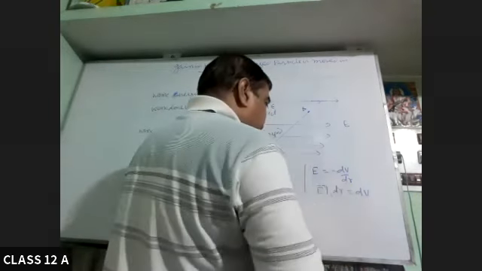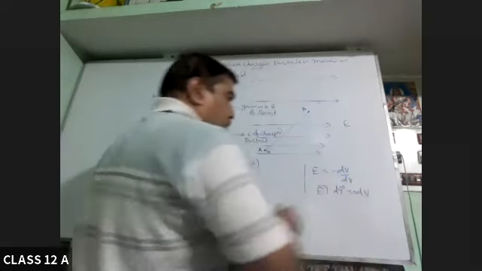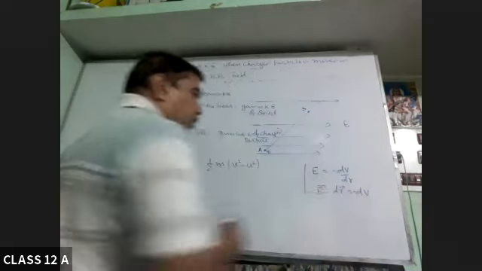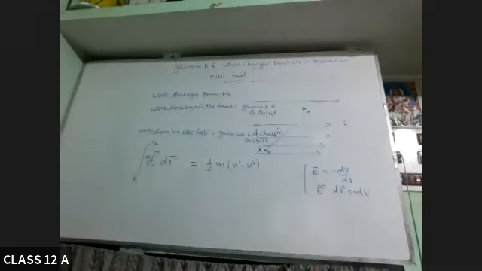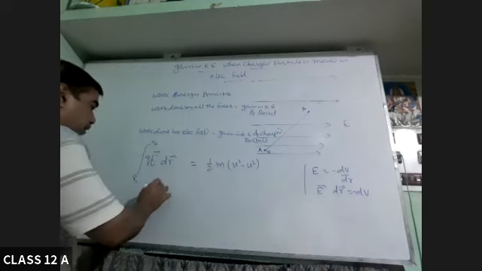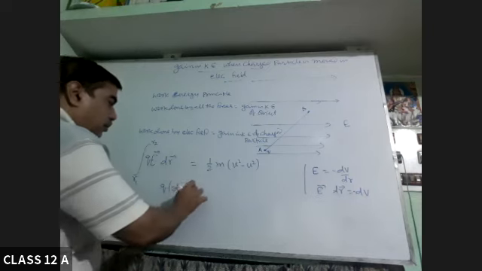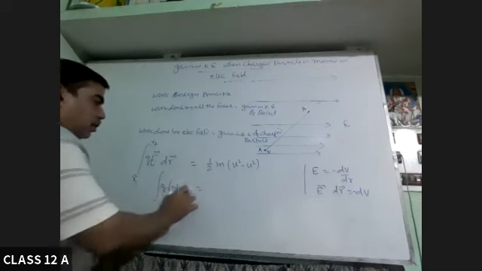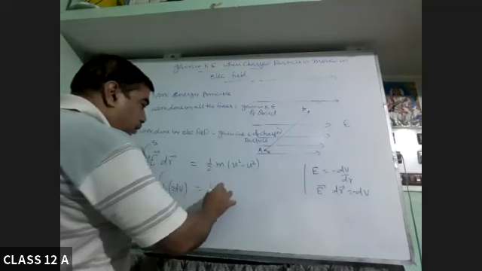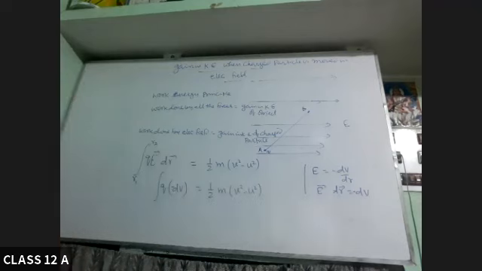Minus dV it will come. So this E into dr is dV. So it may be Q dV with negative sign, with integration, equal to half m (v square minus u square).